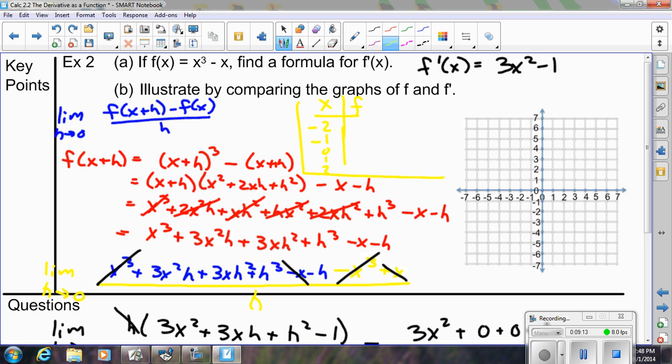-2 cubed is -8. -8 subtract a -2 would be +2, so we'd get -6. That gives us -2, -6 as a point. If we plugged in -1, we'd have -1 cubed, -1, subtract a -1. That winds up being 0.